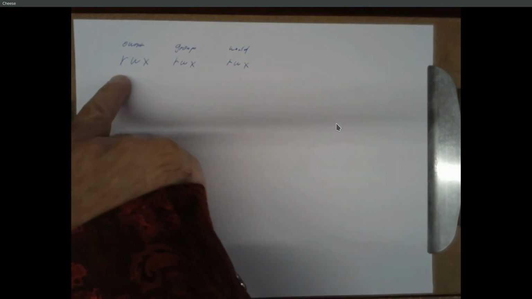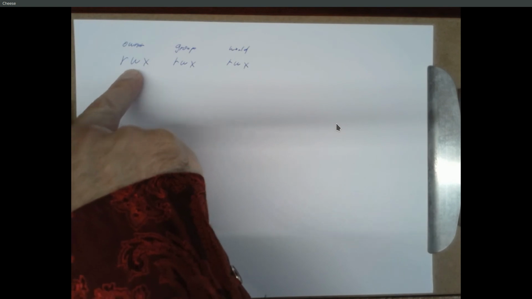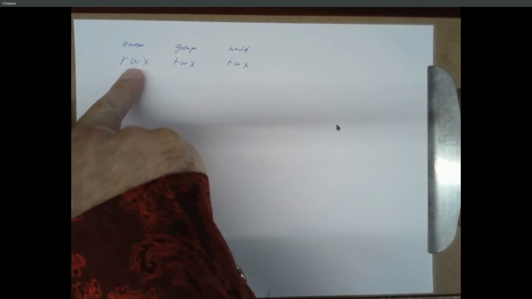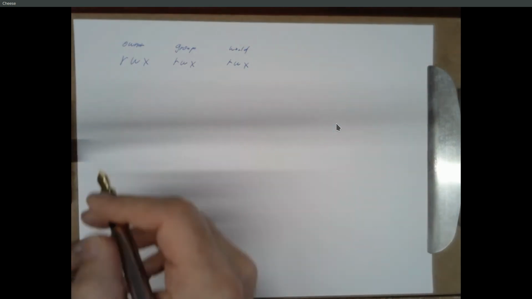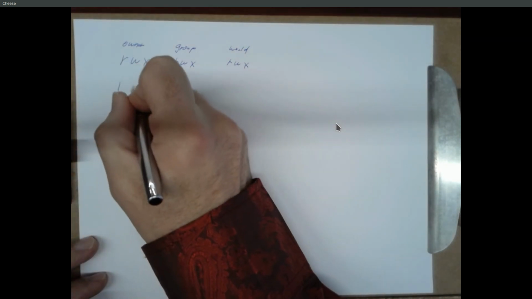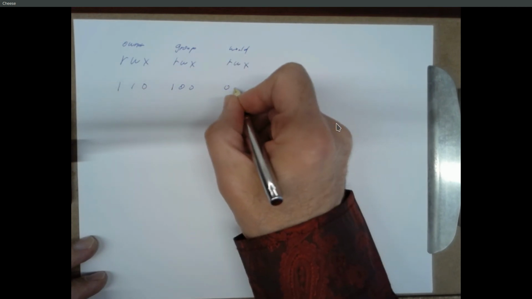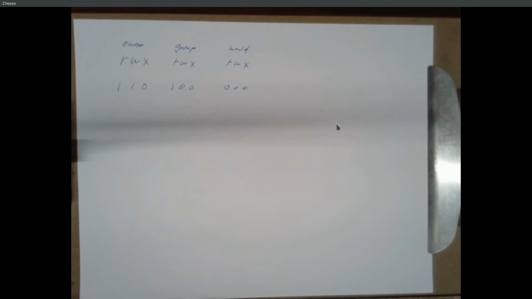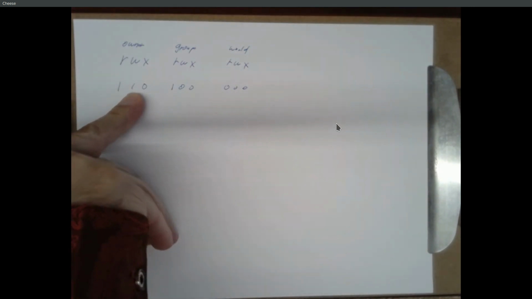And for each of these you can say, are people in this category allowed to read this file? Are they allowed to modify or write the file? And are they allowed to execute the file? And the permission bits are just 1s or 0s. Right, so if I set my permission bits like this, it means the owner can read and write the file but not execute it.